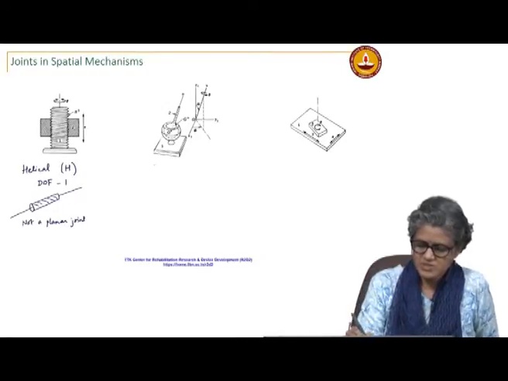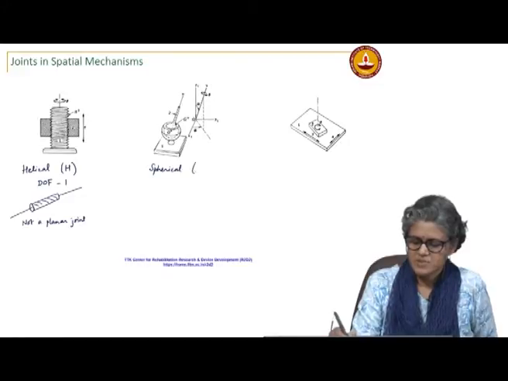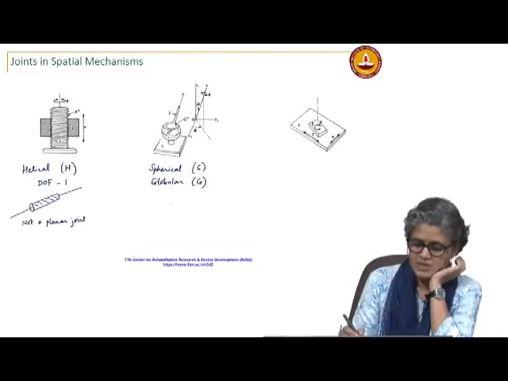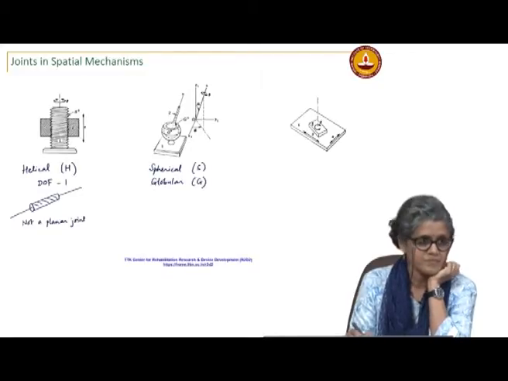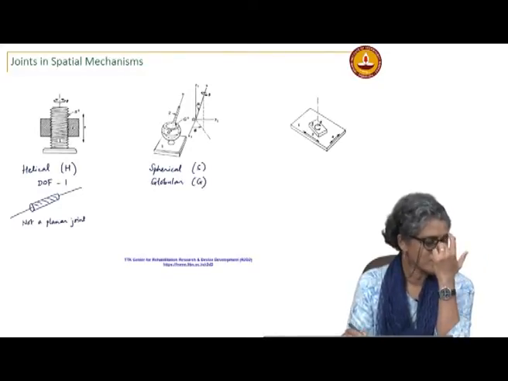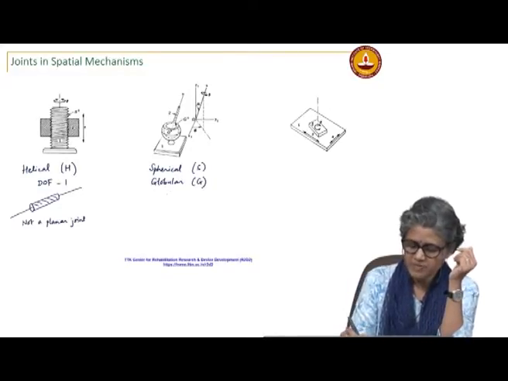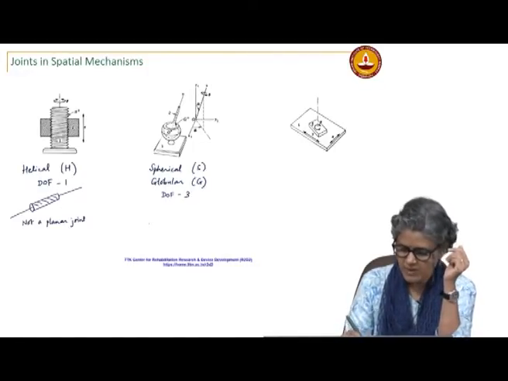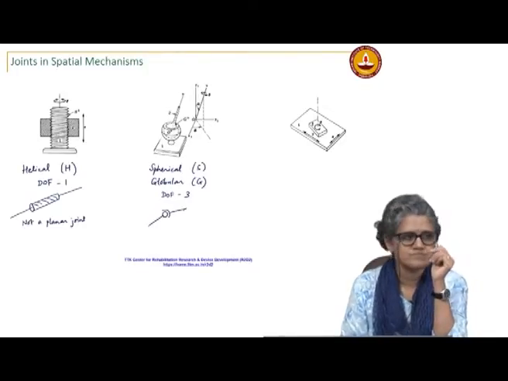This is your spherical joint, sometimes referred to as a globular joint. The Dennewitt book refers to it as a globular joint. This is your ball and socket joint. How many degrees of freedom? You have 3 degrees of freedom. So, you have a ball and you have a socket.